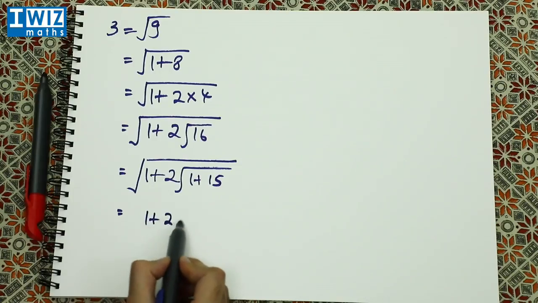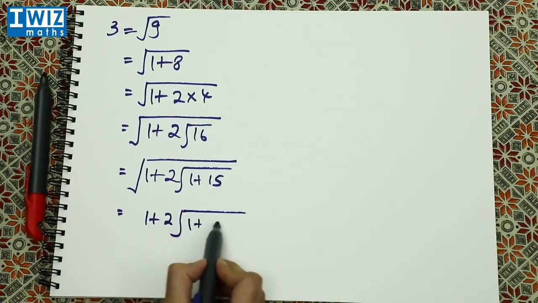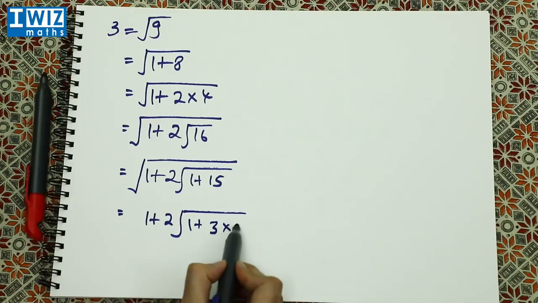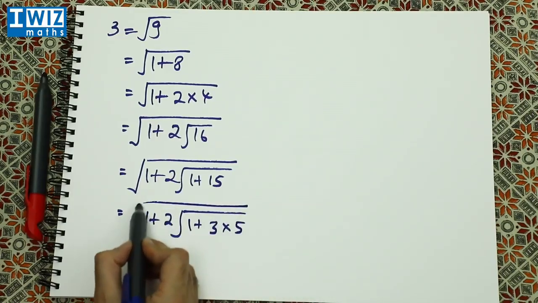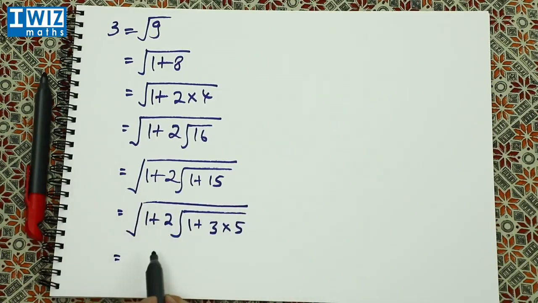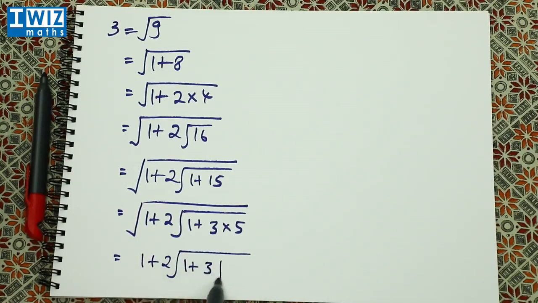So that's 1 plus 2 times the square root of 1 plus 3 times 5, and 5 of course is just the square root of 25. So we have 1 plus 2, 1 plus 3, and the square root of 25.